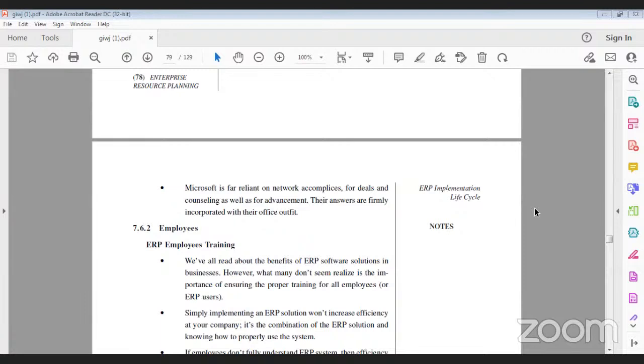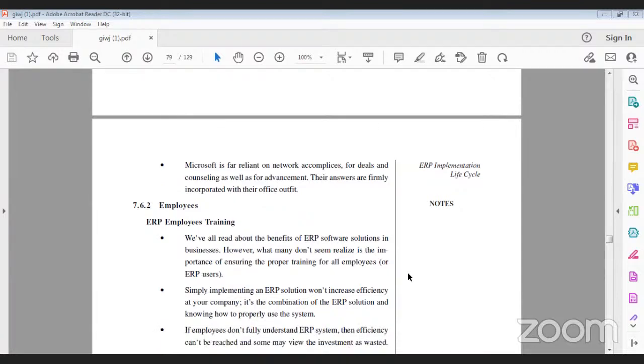It is the combination of the ERP solution and the knowledge of how to properly use the system. The third point is if employees do not fully understand the ERP system, then efficiency cannot be reached and some may view the investment as wasted. In this way, training is also most important.